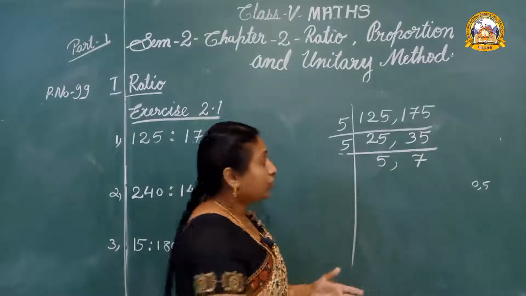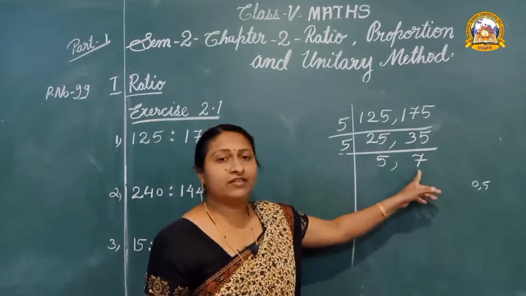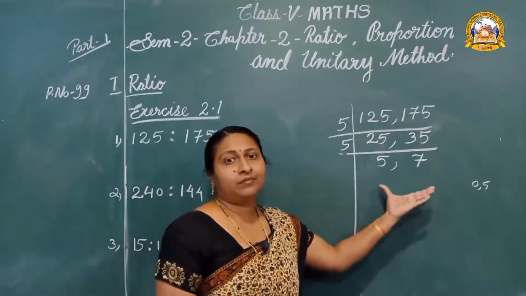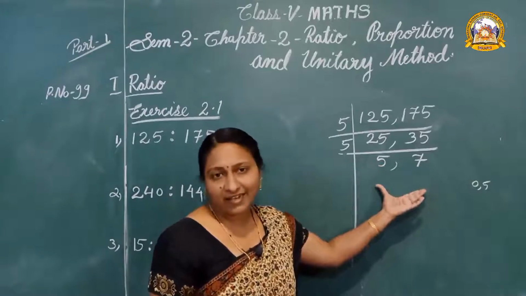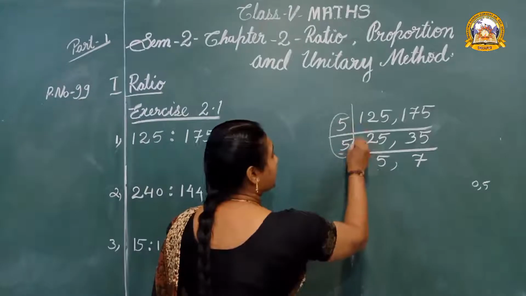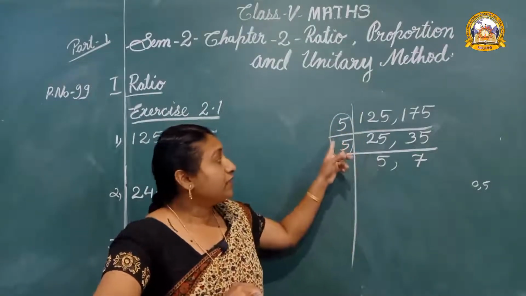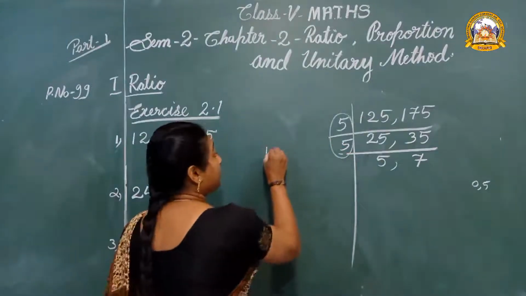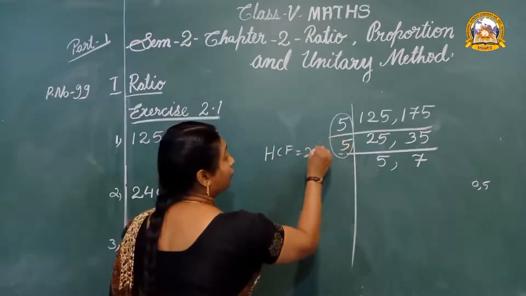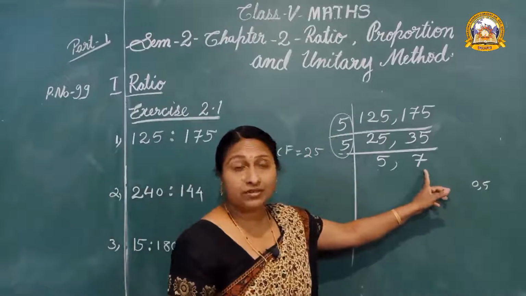No. So it is the lowest term, 5 is to 7, because we can't divide them by a common factor again. And what is this? It is the HCF. 5 into 5, 25.